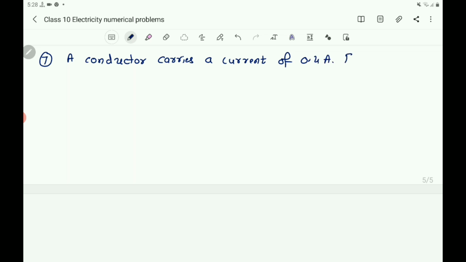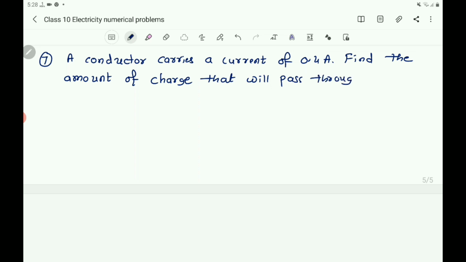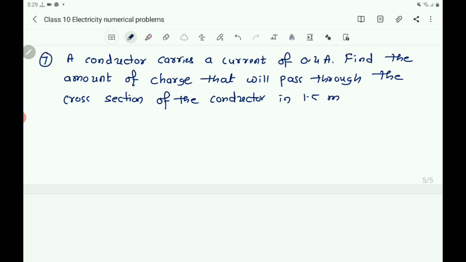Find the amount of charge that will pass through the cross section of the conductor in 1.5 minute.